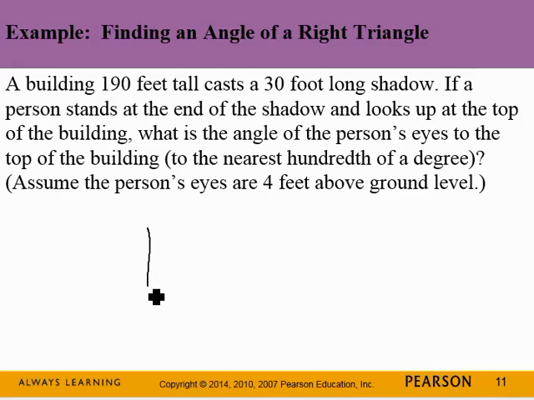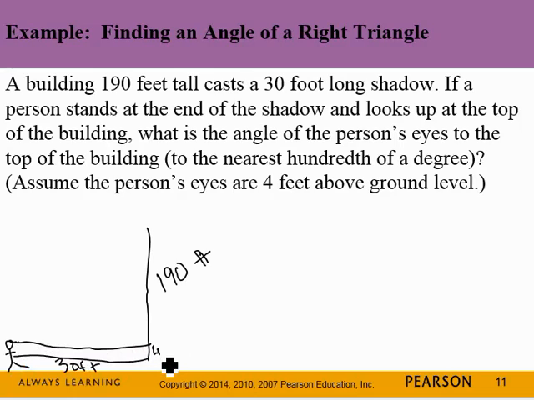So here's my building. There's 190 feet, sorry. And it casts this 30-foot shadow. And here's my person. Now this person's about 4 feet from the ground, and you want to know the angle of elevation.